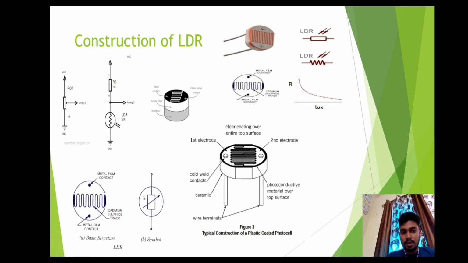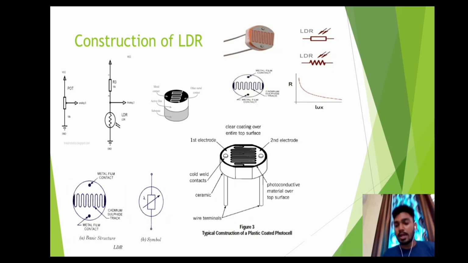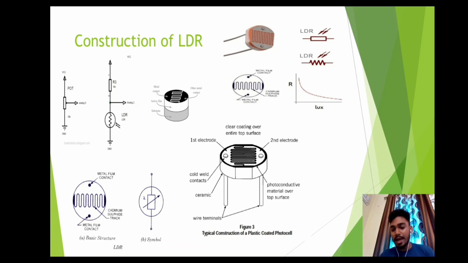And there is a brief construction detail: the first electrode and second electrode, a clear coating over the entire top surface, the cold weld contact, and the photoconductive material over the top surface around the photocell. This is the ceramic plate, and these are the two wire terminals. So these are the construction details of the LDR, and this will help you to understand.